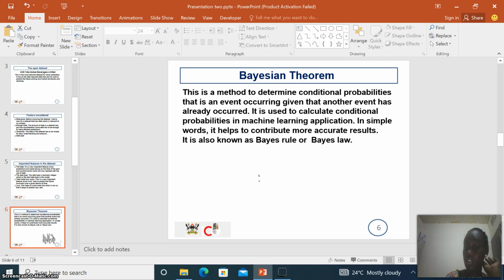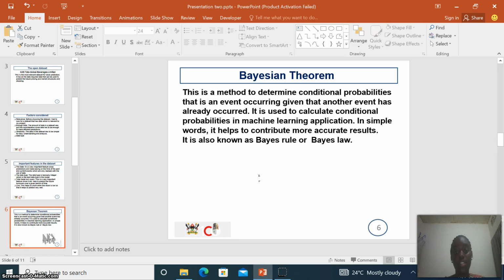This is the method to determine conditional probabilities, that is an event occurring given that the other event has already occurred. So basically this is about probabilities, and in machine learning it is an important feature. So it is used to calculate conditional probabilities in machine learning applications.